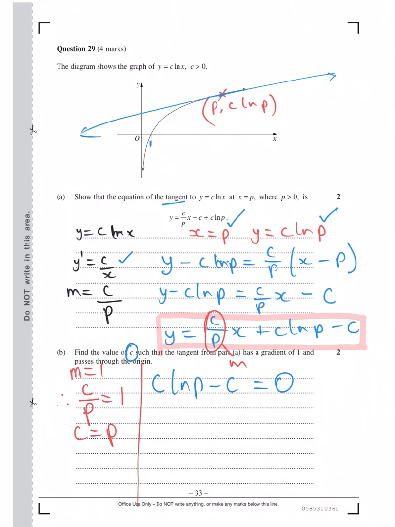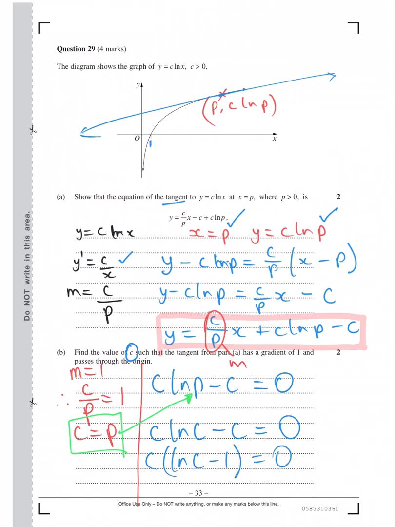So I'm going to take this statement here, that C is equal to P, and substitute it in there. I'm going to have C log C minus C equals 0, or C outside of log C minus 1 equals 0.